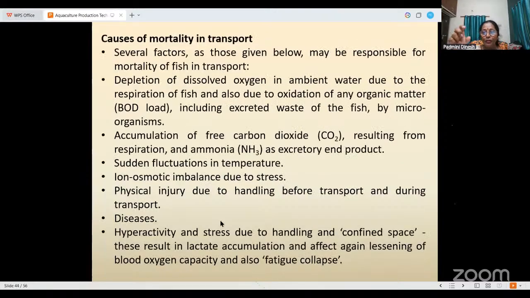What causes mortality during transportation? There can be several reasons: depletion of dissolved oxygen, accumulation of carbon dioxide, accumulation of lactic acid because of the stress, sudden fluctuation in temperature, osmotic imbalance, or diseases. Why diseases? Because of crowding, disease can occur. So all these can be a cause of mortality.